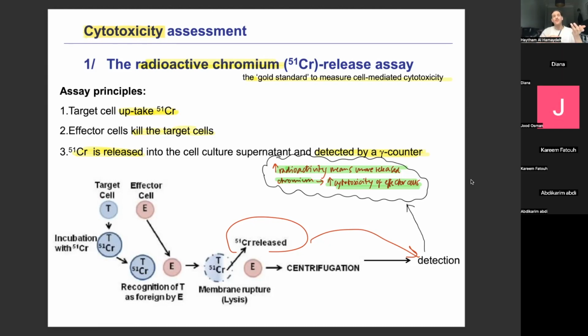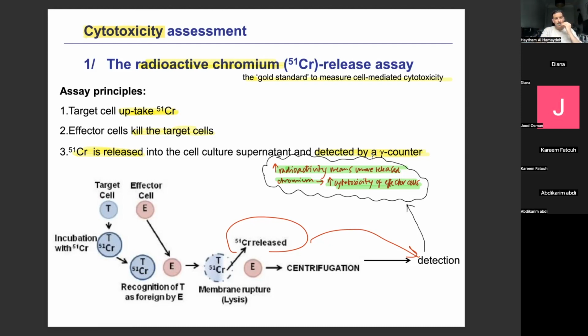Maybe chromium is not a strongly radioactive material. I think it is, but I'll look into it. Thank you. It says detected by a gamma counter, for example. That's a good question. Just send all of those things into the group, but that's just a general idea.